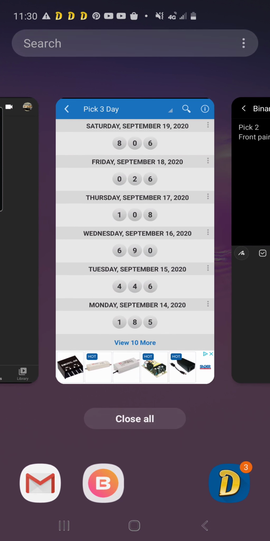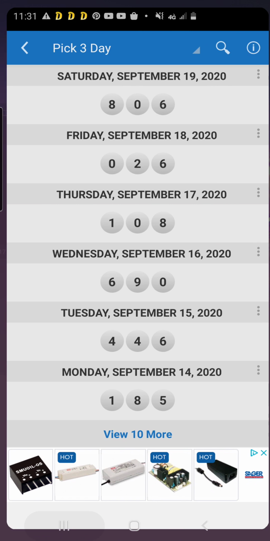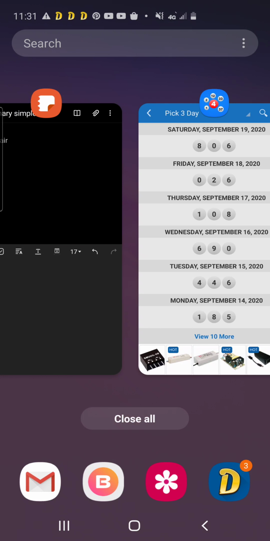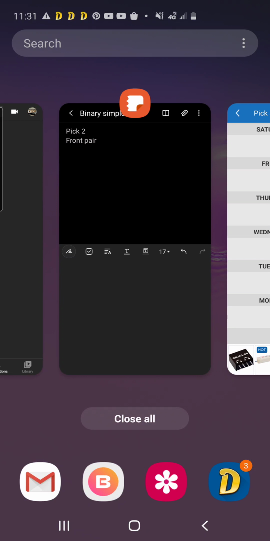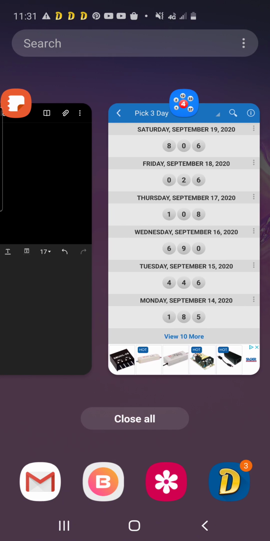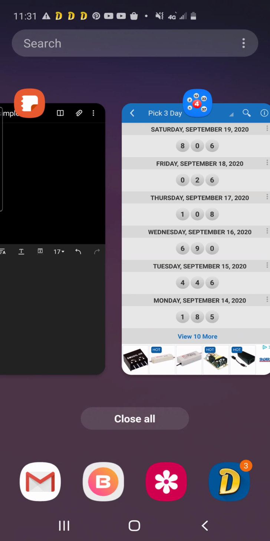So what you do is you go get your numbers. We got 1, 8. Start from the bottom. You see it's 14, 15, 16. So you start at the bottom.